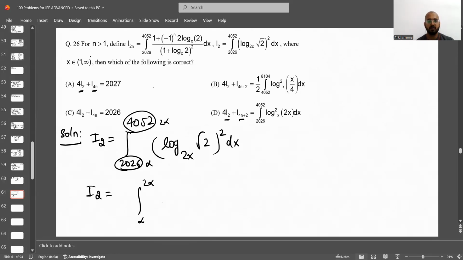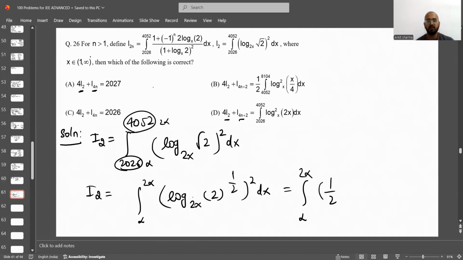This is log of root 2, which we can write down as log of 2 to the power half, and then base 2x, and then this being whole squared. So this one would be written as the integral from alpha to 2 alpha. This half would be coming down by using the property of log, and then the half will be simply squared here.